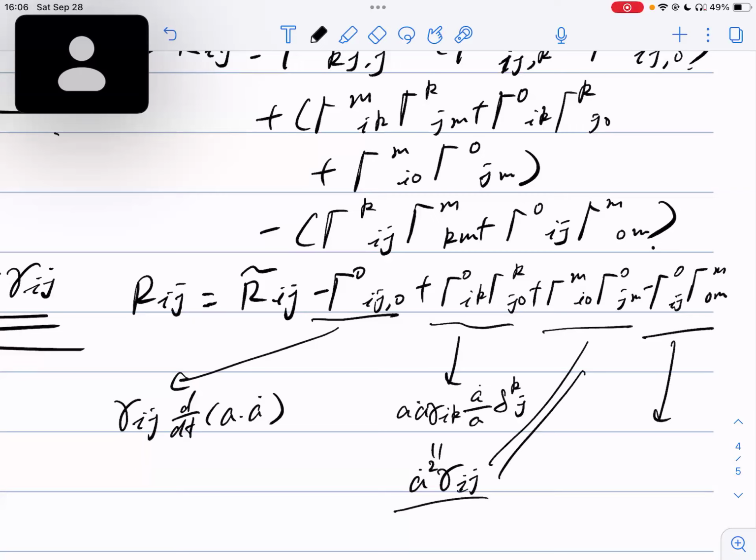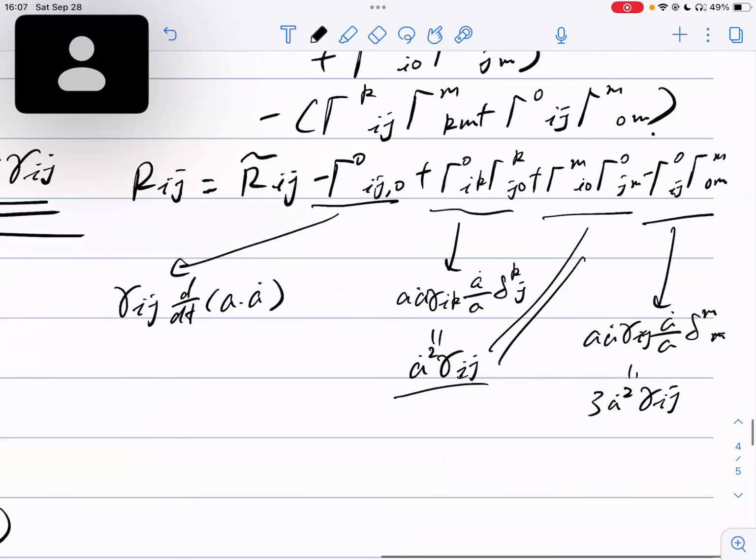And this one, a dot gamma ij, a dot over a, delta mn. Notice that this summation will give you a factor of 3, a dot square gamma ij.